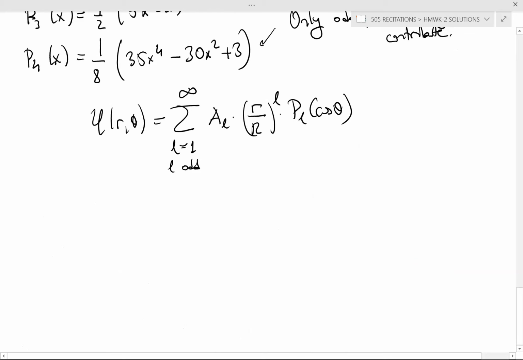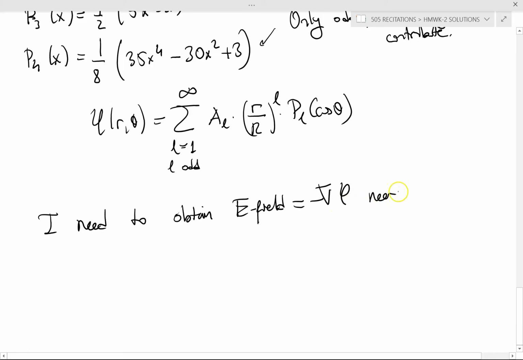I need to obtain the E field, which is nothing but this guy, near the origin, such that it is nearly constant.